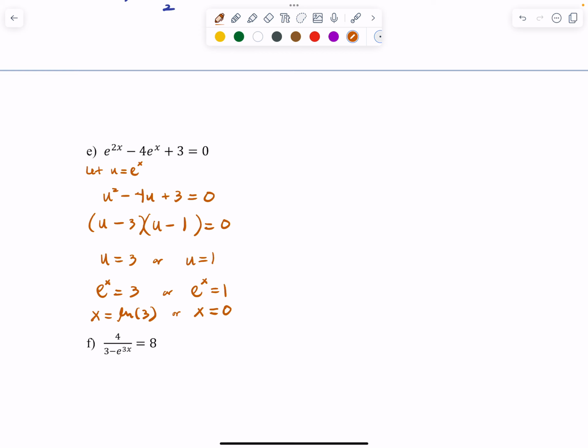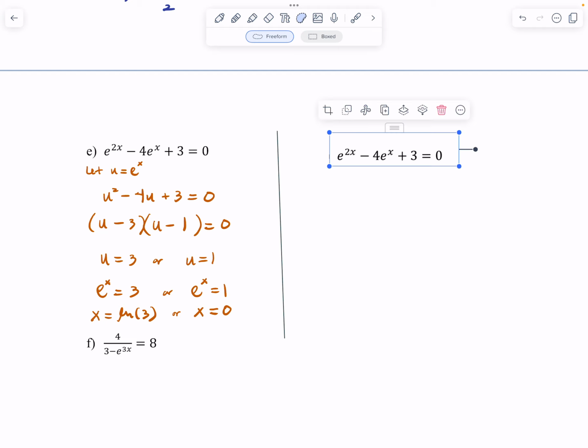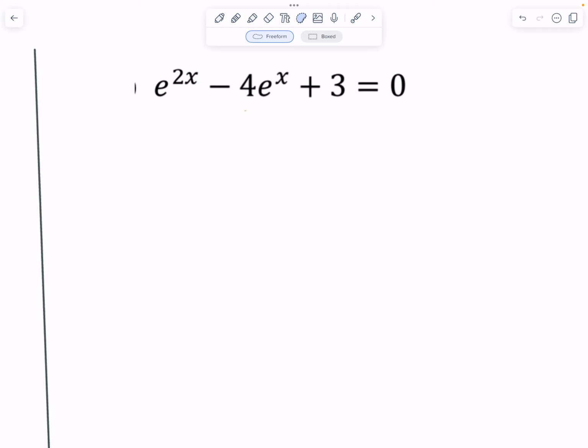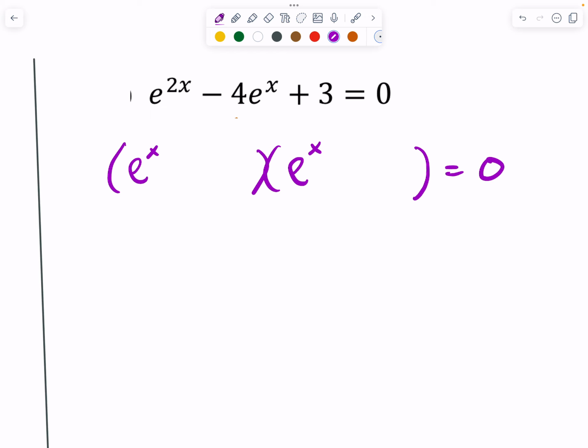Now, you do not have to do the U substitution. I think some people get to the point where they are more comfortable just being like, oh, well, that's quadratic. Like I can think about factoring that, saving one step, but thinking, okay, well, to get that e to the 2x, I would have to have e to the x and e to the x. Okay, and then that would have to be minus 3 and minus 1.